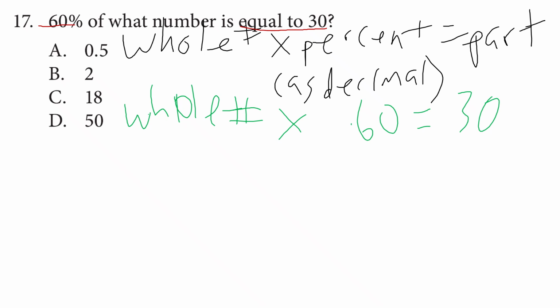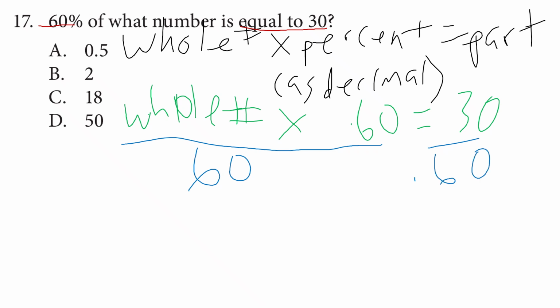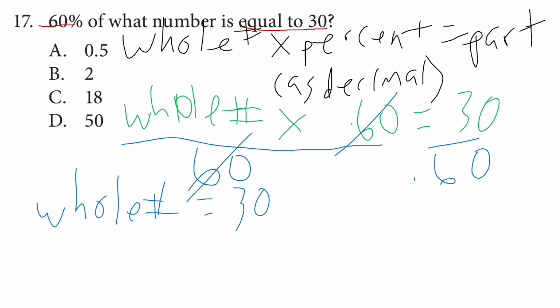So in order to figure out what the whole number is, we need to get the whole number on the side by itself. So we need to divide both sides by 0.60. That 0.60 cancels out on this side, but then we have whole number equals 30 over 0.60.